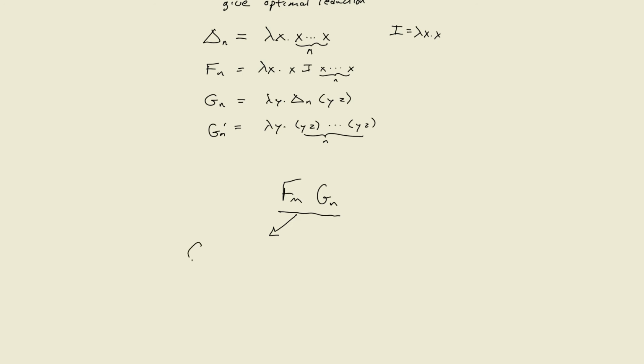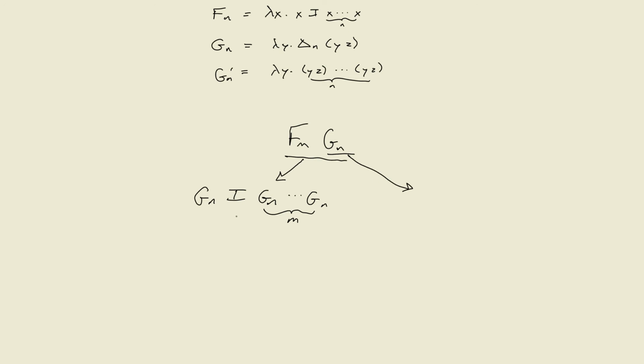So you have G n I, and then you've got m of these. We're going to have two parameters, m and n here, and depending on what m and n are, we're going to have two reduction sequences. One that's going to go off this way, and one going to the left and up to the right. And depending on what the parameters are, going left is better or going right is better.